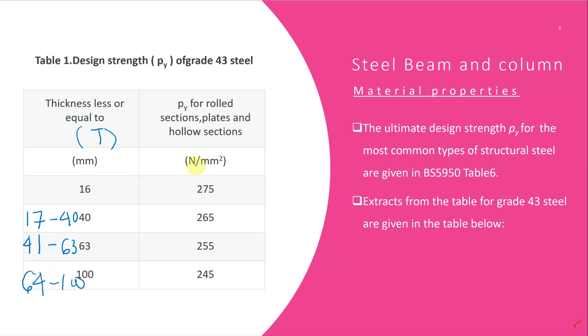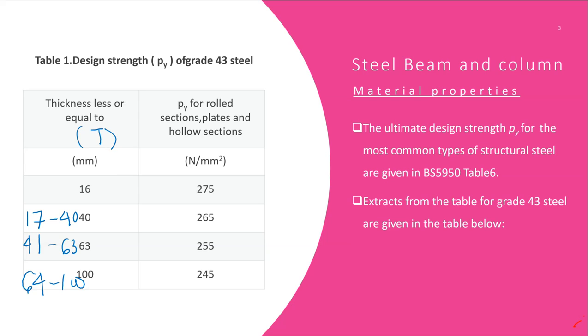Kenapa macam ni? Okay, ini yang dekat factory. Normally, kalau you tengok like all the elements, yang steel elements ya, bukan kita construct dekat site, it is being manufactured in factory. So this is the standard.